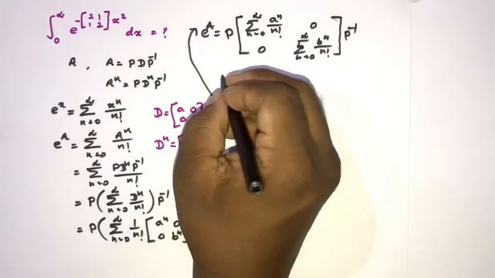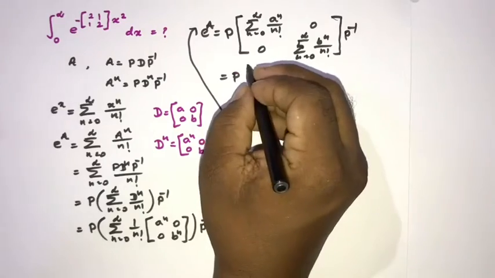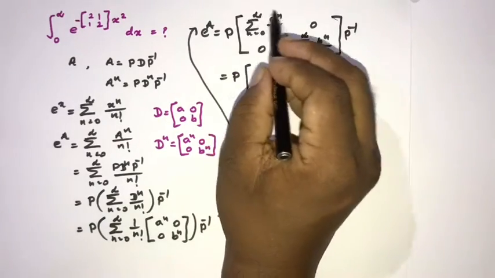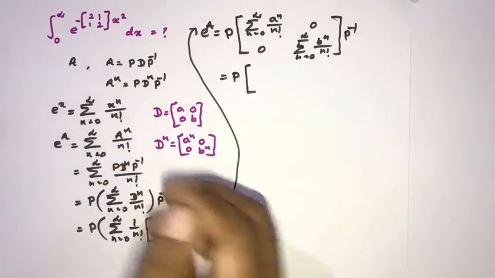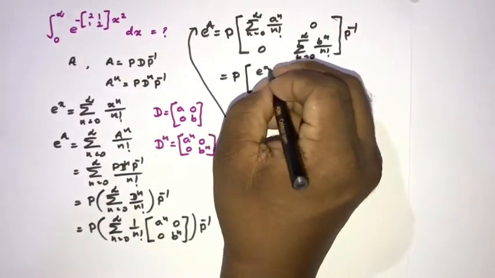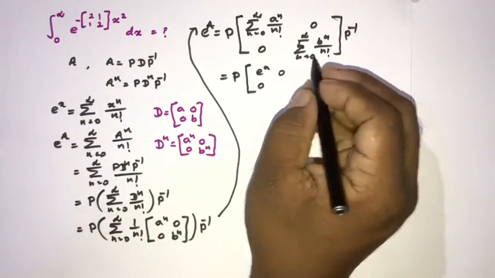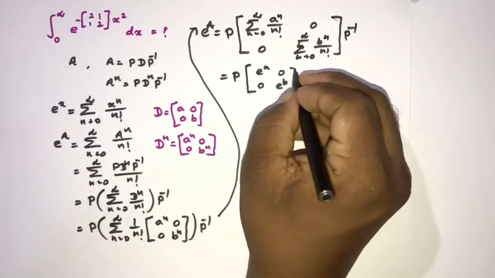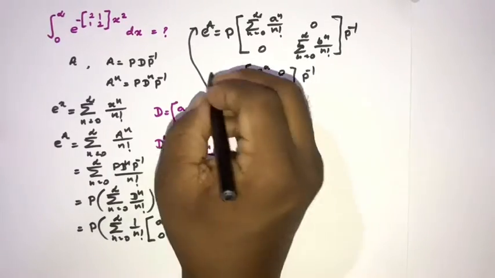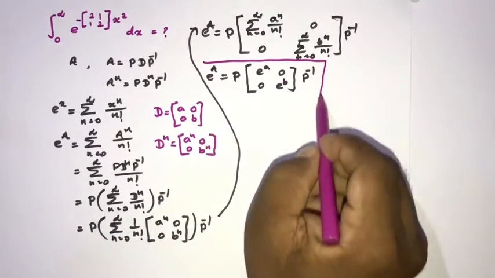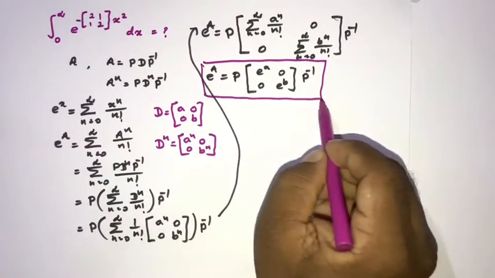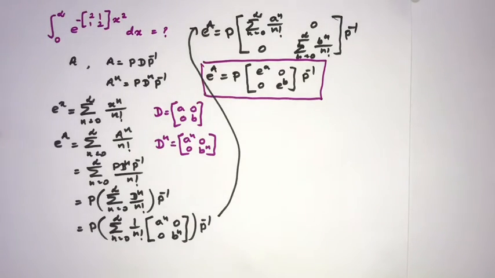Now we know this series is equal to e to the a, by the definition. So we have e to the a, 0, 0, e to the b, times P inverse, and this is equal to e to the A. Okay, now we have defined the exponential of a matrix, and this is a very nice equation. Then let's move to our question.